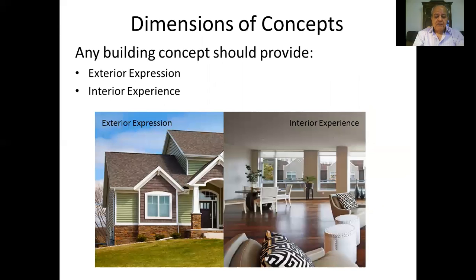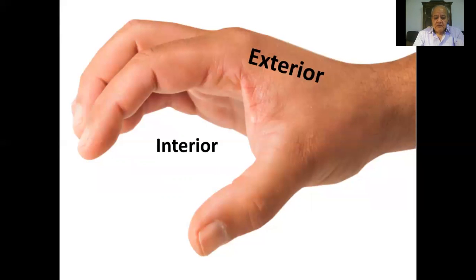complementing each other. So for any building, we have to not only think about the exterior form, we also have to think about the interior spaces. The exterior form is an expression that is seen by outsiders. But the interior space actually is the more important, because this is what people will experience when they are sitting in their homes.